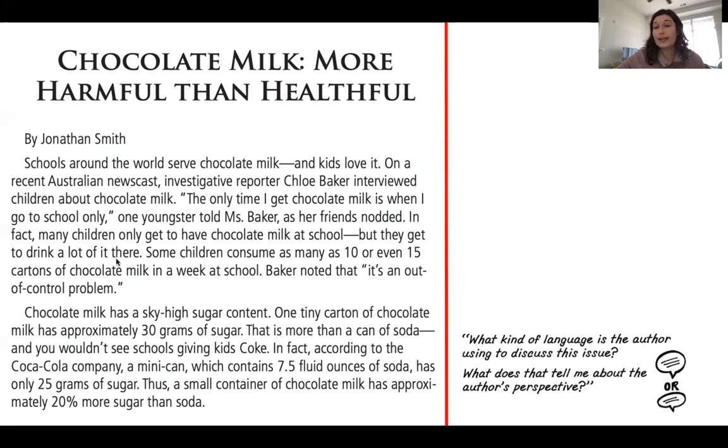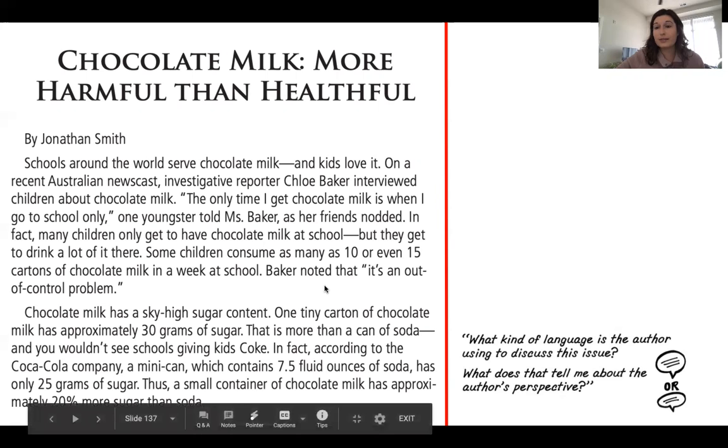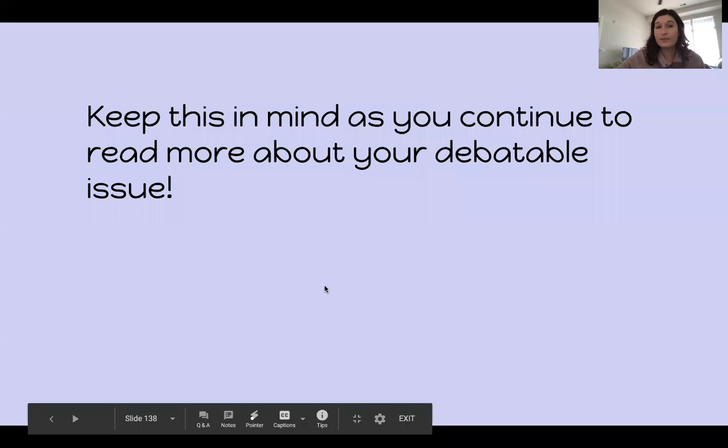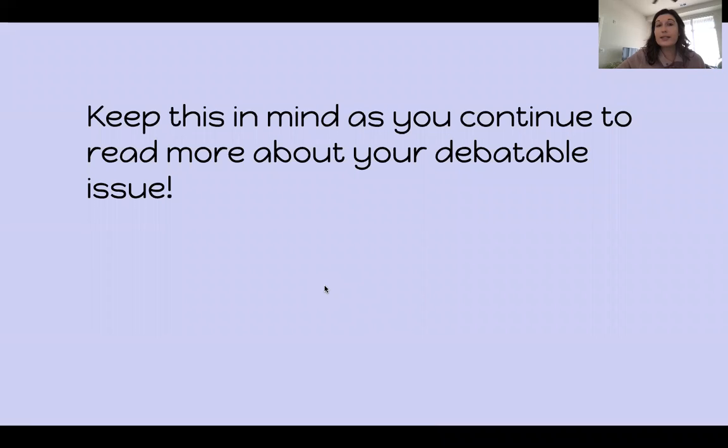What does that tell me about the author's perspective? Pause the video to discuss. Today, as you're wrapping up your research, I want you to keep all of these questions in mind on perspective as you continue to learn more about your debatable issue.